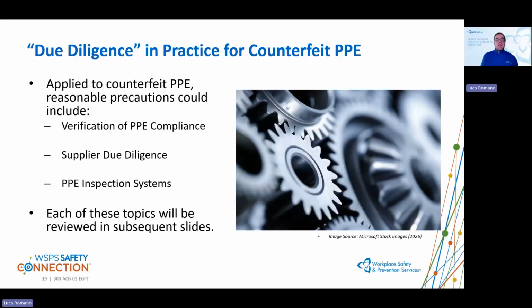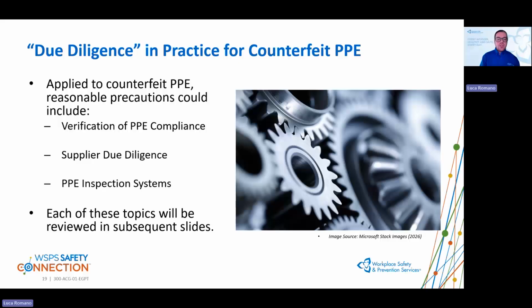When we also apply this to counterfeit personal protective equipment from a due diligence lens, some of the things we need to consider are, how do we verify whether our personal protective equipment is actually the right type, but then that it's actually compliant, that it's meeting standards that are required?